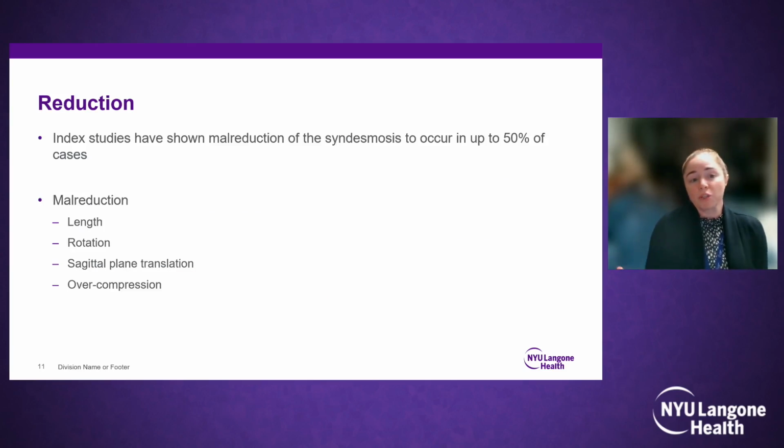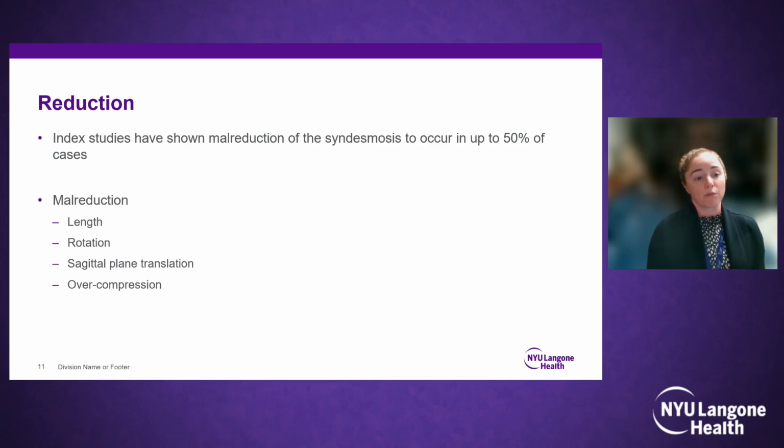So how do we do at reducing the syndesmosis? So when you look across the board, studies have shown that we are pretty bad at it, actually. So we malreduce the syndesmosis about up to 50% of cases. And this can be in a number of different ways. So you can malreduce the syndesmosis by not attaining your length in your fibula.